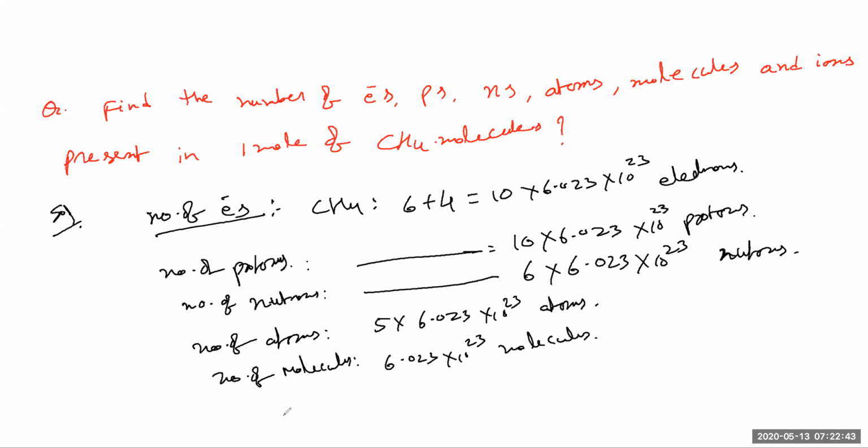That means number of ions is 0. Like that you have to calculate. Can I clear this? Understood all of you?